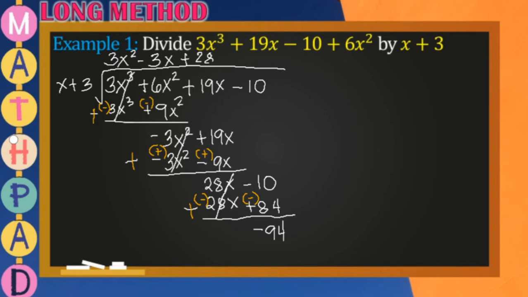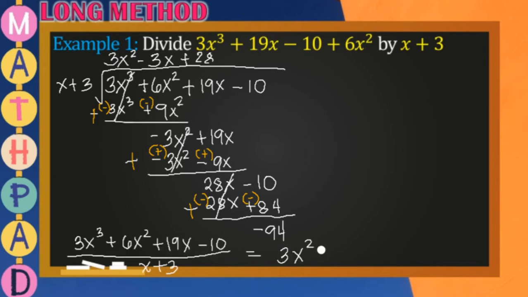Then, divided by yung ating divisor, x plus 3. And that is equal to, isulat yung ating quotient, 3x squared minus 3x, then plus 28. And then, we add our remainder. So, plus, ang remainder natin ay negative 94, and then over the divisor, x plus 3.